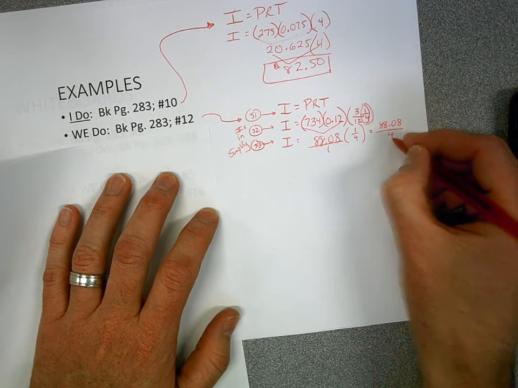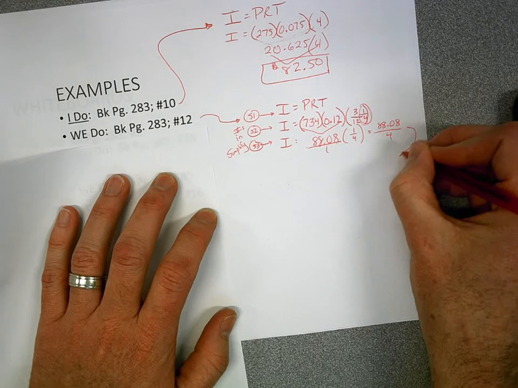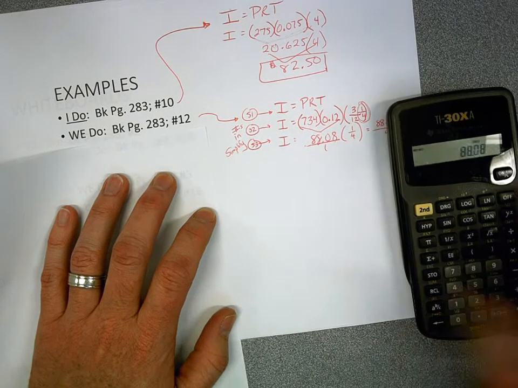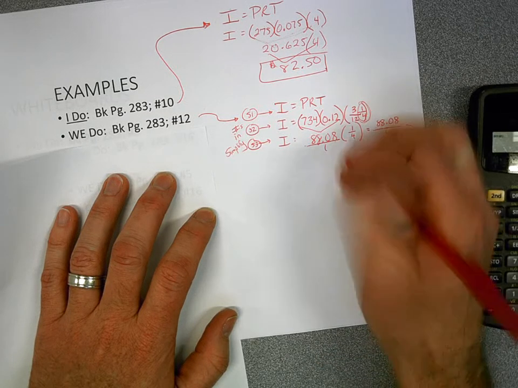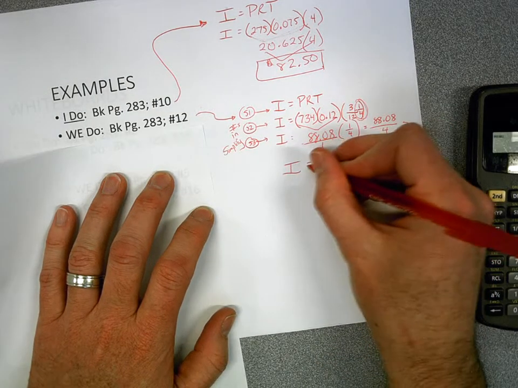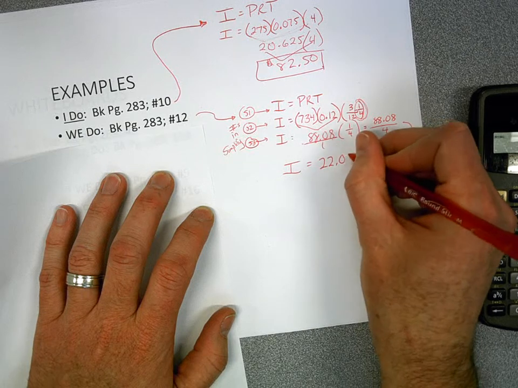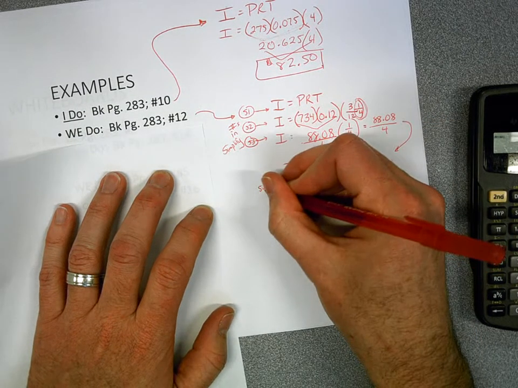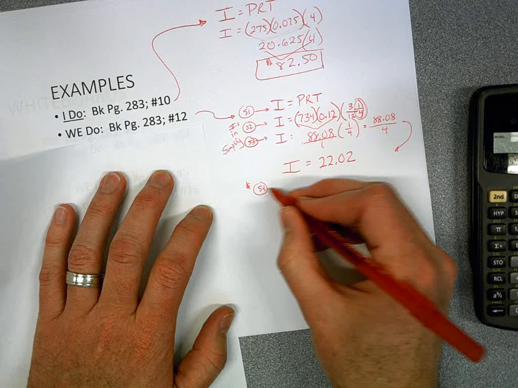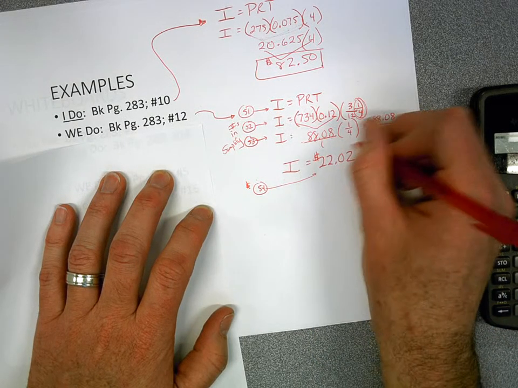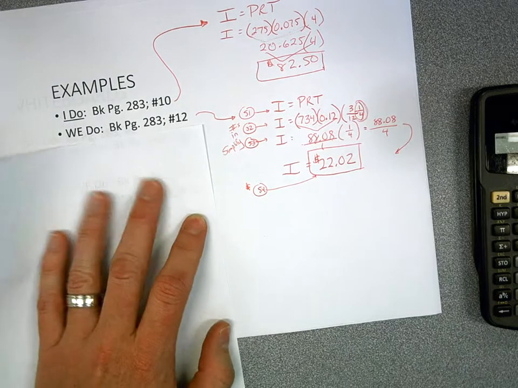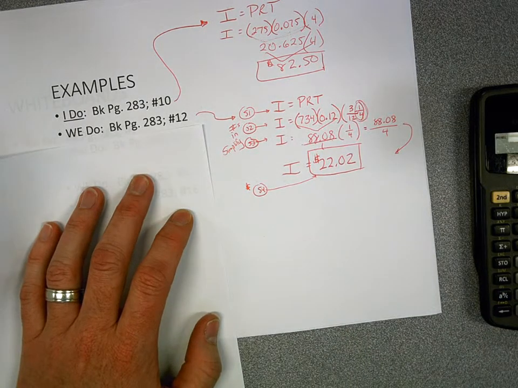And ladies and gentlemen, ultimately, it's just a division problem. 88.08 divided by 4 equals, and we end up with the interest being 22.02. Step 4 is make it look like money. In this case, it's already looking like money except for our dollar sign. So $22.02 in 3 months. That's how much interest we would have to pay if we borrowed $734.